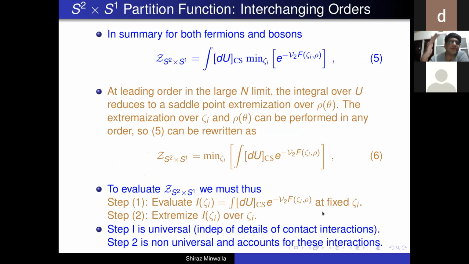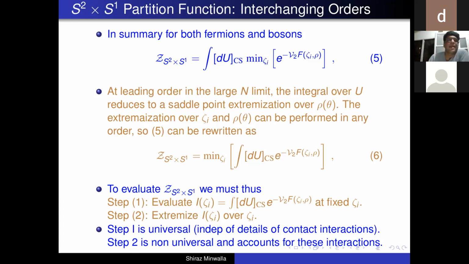Okay, so let me summarize. If I take the partition function of my theory on S2 times S1, both for bosons and fermions, I get this integral over holonomies with a Chern-Simons modified Haar measure. It's the usual Haar measure, except there's an exclusion. You're not allowed to integrate over those unitary matrices whose eigenvalue density functions exceed a certain bound, 1 over 2 pi lambda.